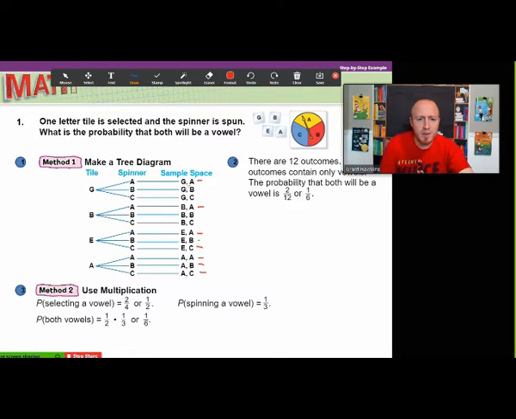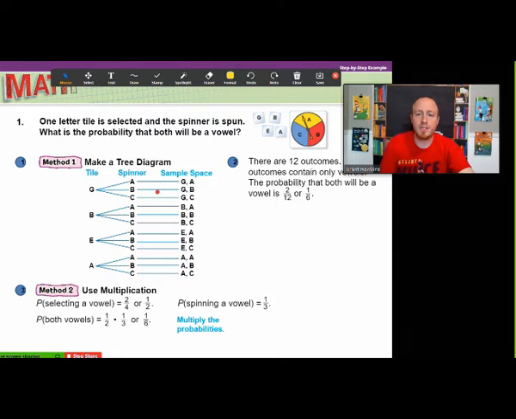All right, which one of those 8 are both vowels? Let me see. 1, 2. So 2/12. Just more work, more time consuming. Don't recommend it. Welcome to do it though.